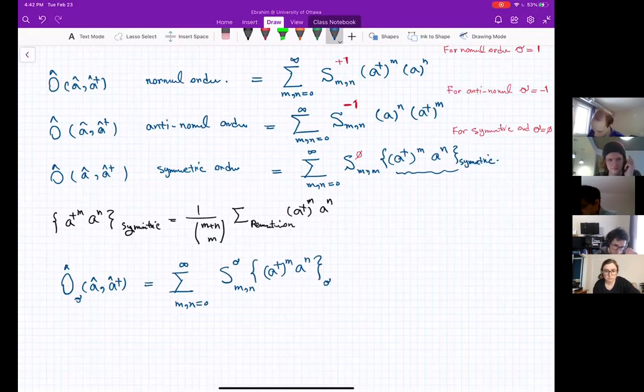So if sigma is normal order, then you have to swap them. If sigma is anti-normal, then you have to go the other way. If sigma is 0, then it is the symmetric way, and you have to make it symmetric. Clear?